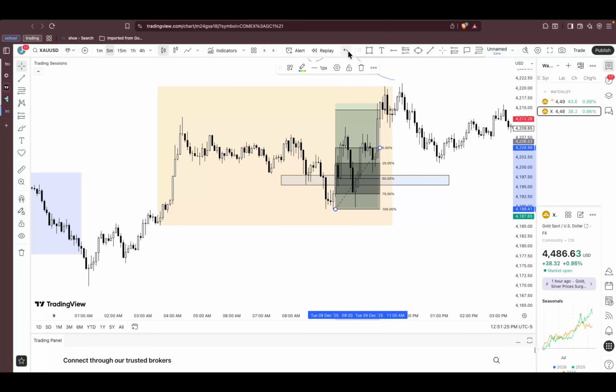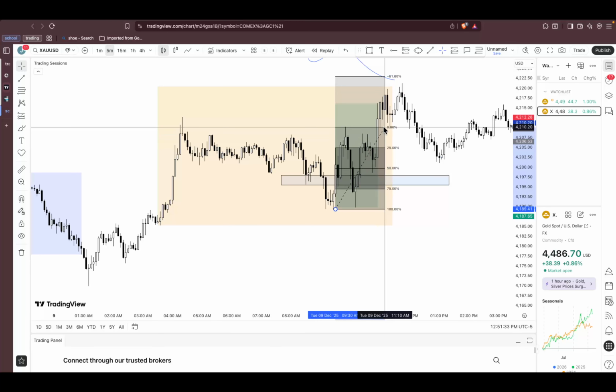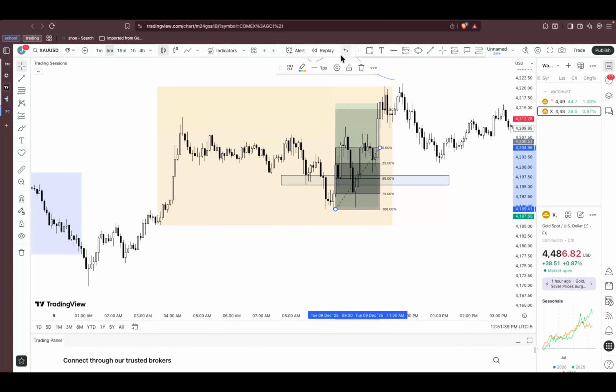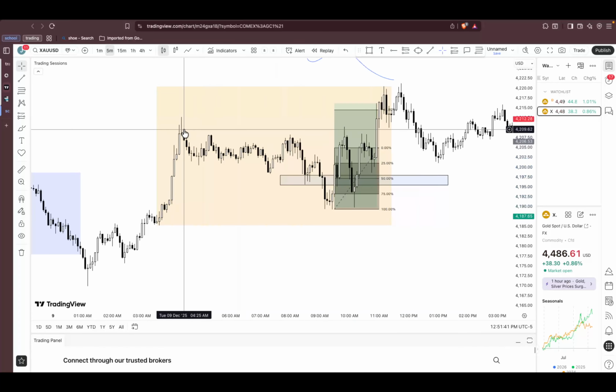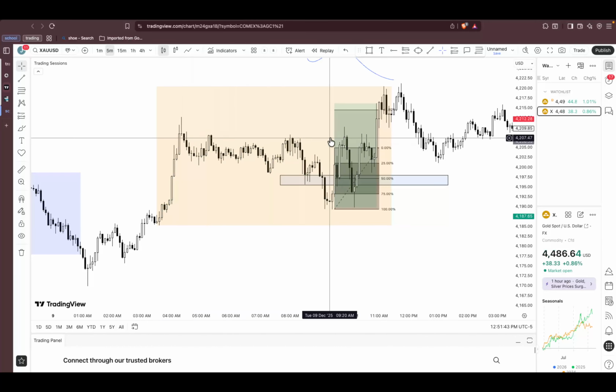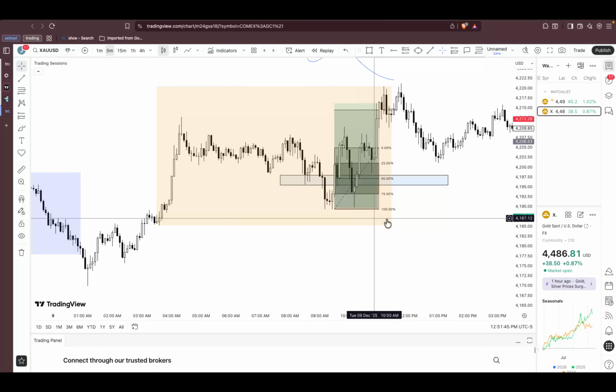Where did I have that? I can't scale down to 1 minute because this is too far back, but you'll see something like this. This could go either way. You could see this as liquidity here, right? And then enter after the sweep all the way down. That's a trade in itself.